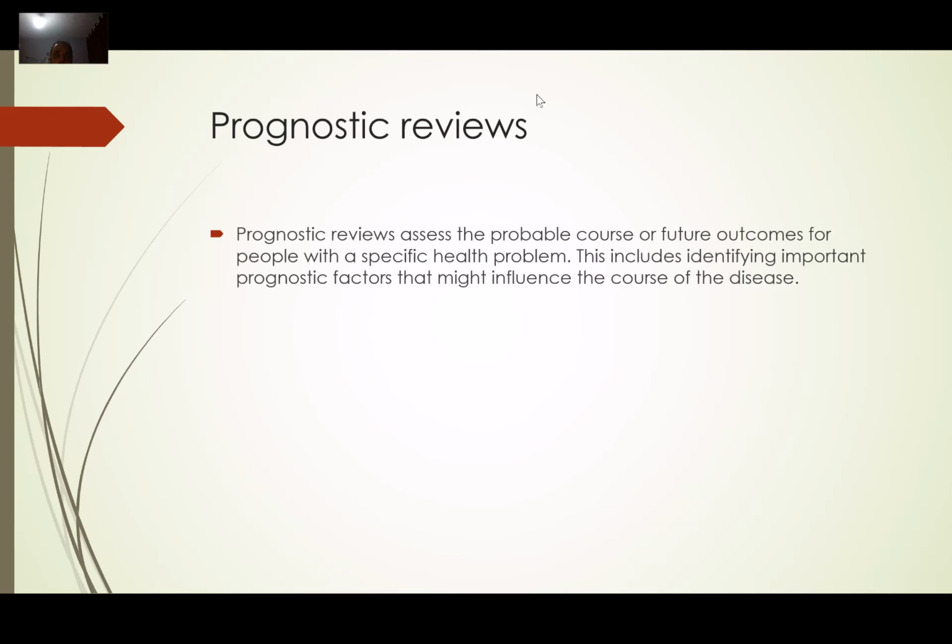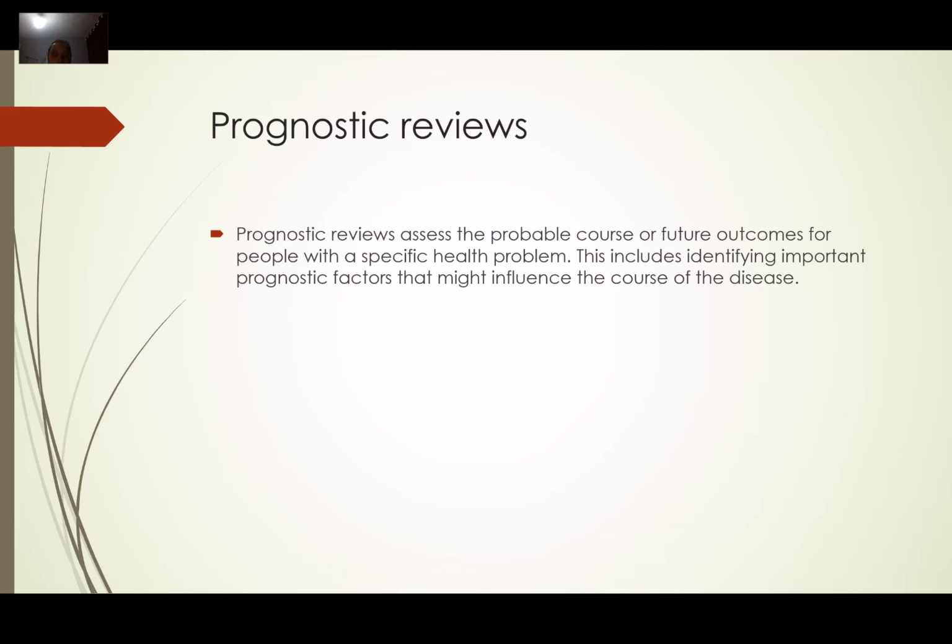The third type of review question is a prognostic review. Prognostic review, from its name, will prognosticate the future outcome. A prognostic review assesses the probable course or future outcome for people with a specific health problem. This includes identifying important prognostic factors that might influence the course of the disease.